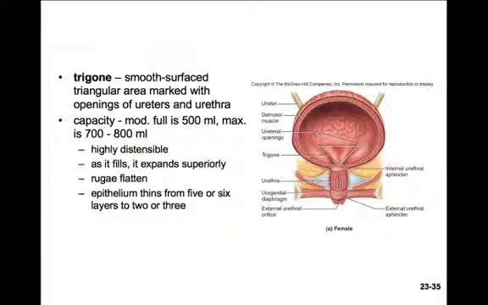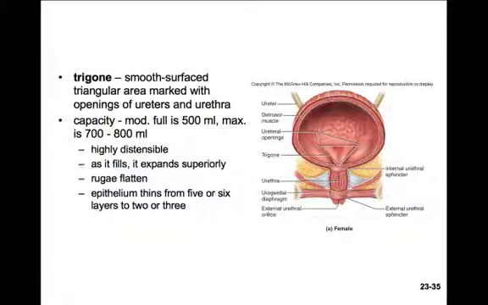You'll notice also on the floor of the bladder where the ureteral openings come in and the exit of the urethra occurs, there's a little triangular area which is called the trigone. And its smooth surface, this is often the site where we'll see bladder infections occur.